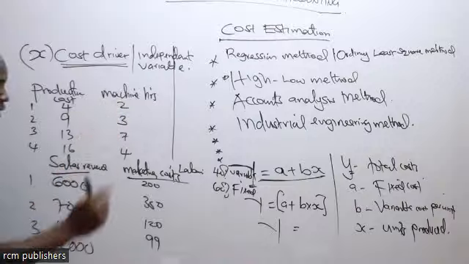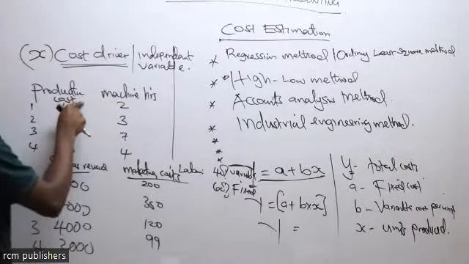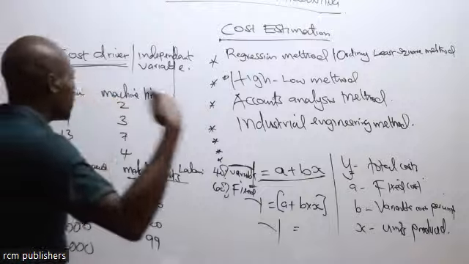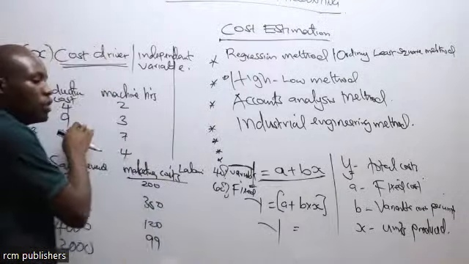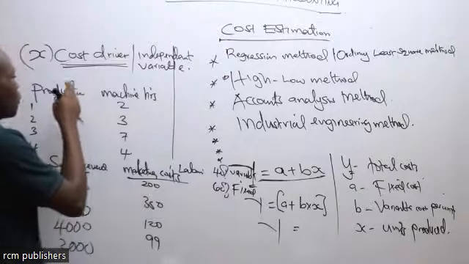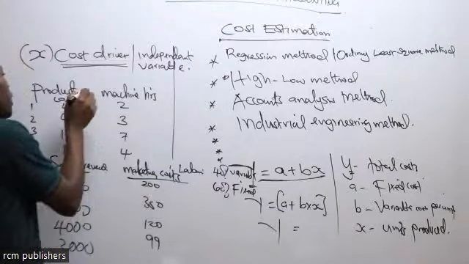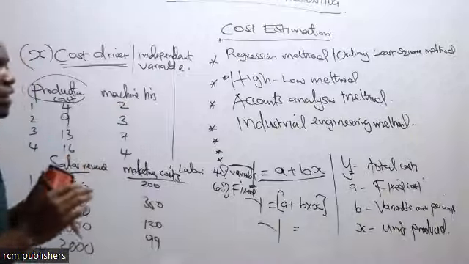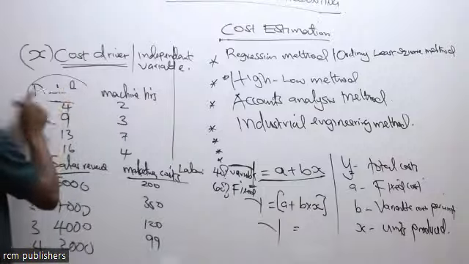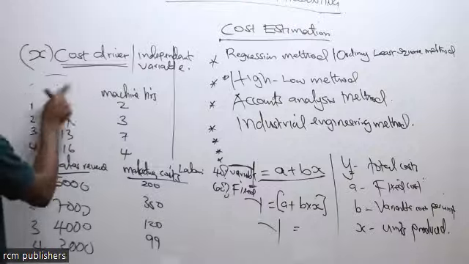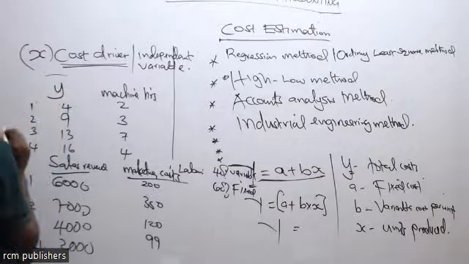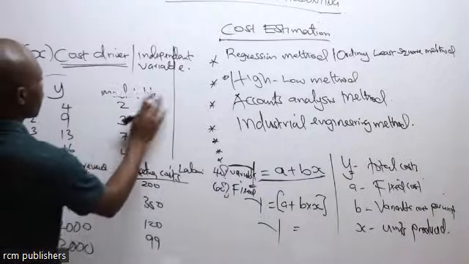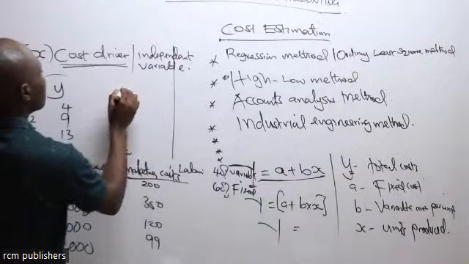It is independent. The production cost is dependent on the machine hours. If I take more machine hours, then it means I'm going to incur more cost on the production. So this production cost is dependent on the machine hours. Once you've identified that, we will basically do away with the production cost and replace this with Y to say that is the variable or dependent variable. Then I will come here and say this one here is the independent.